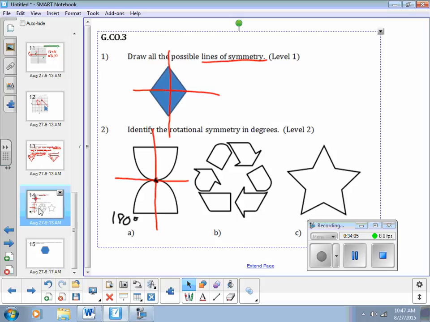All right. On the next image, does it have rotational symmetry? There's one problem I didn't catch. Did anybody notice something in this picture? There is no line of symmetry, and there's one little thing that's messing the whole thing up.